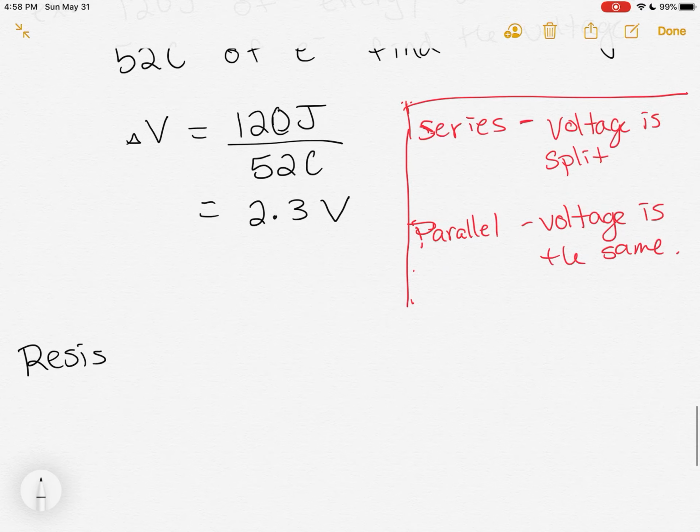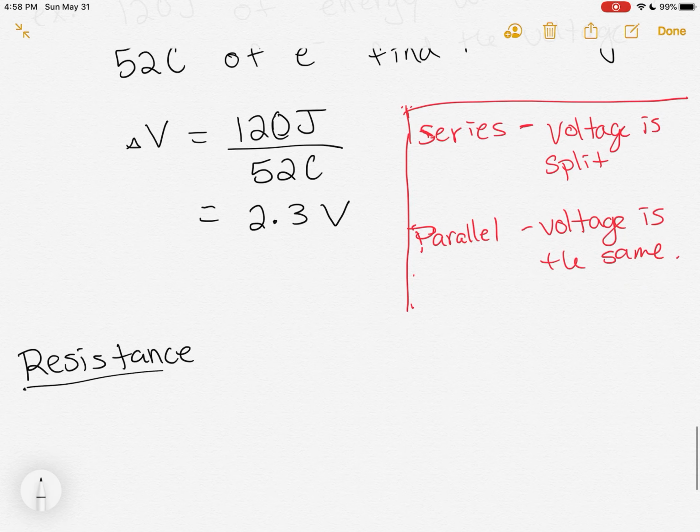Okay, so our last thing that we want to talk about is resistance, and then we're going to be able to look at large circuits together. So resistance is essentially what resistance a material gives to electric charges that are passing through it.